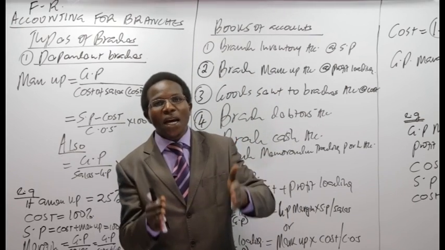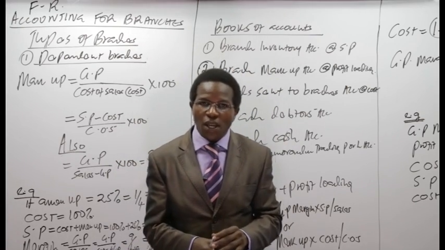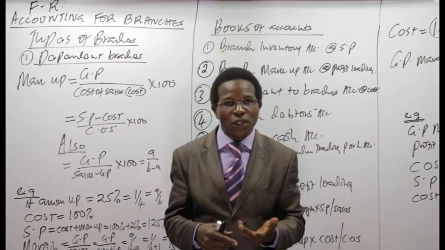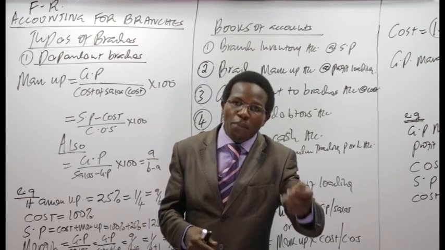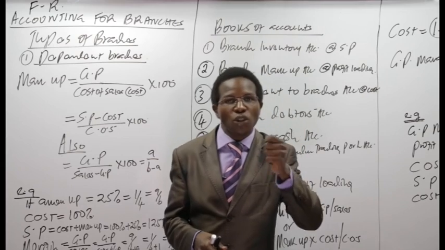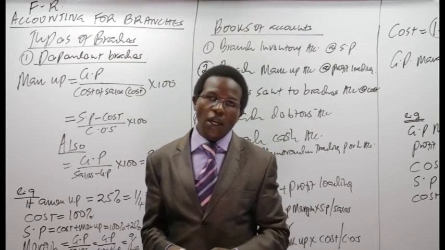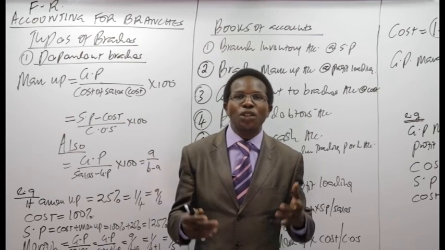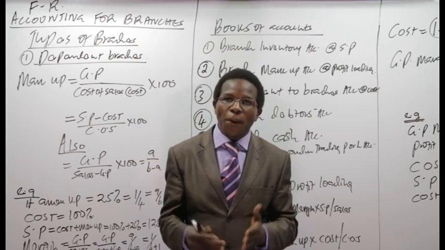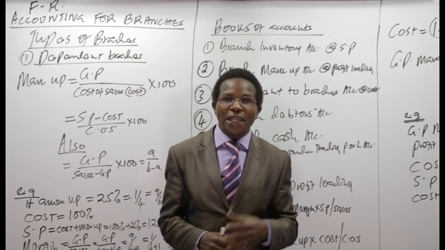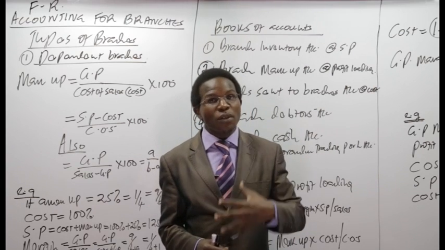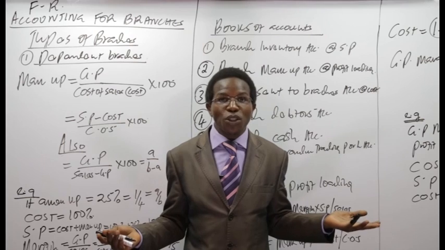When goods are returned back to the head office, we just do a reversal of what we did. Number 1, we debit our goods sent to branch at cost. We debit the branch markup account with the profit loading, and then we credit our branch inventory with the selling price.